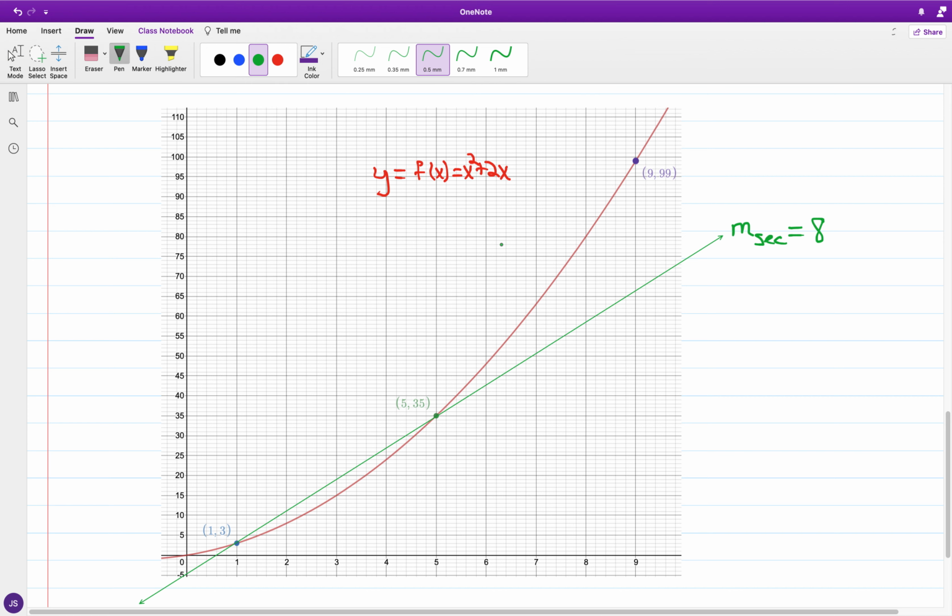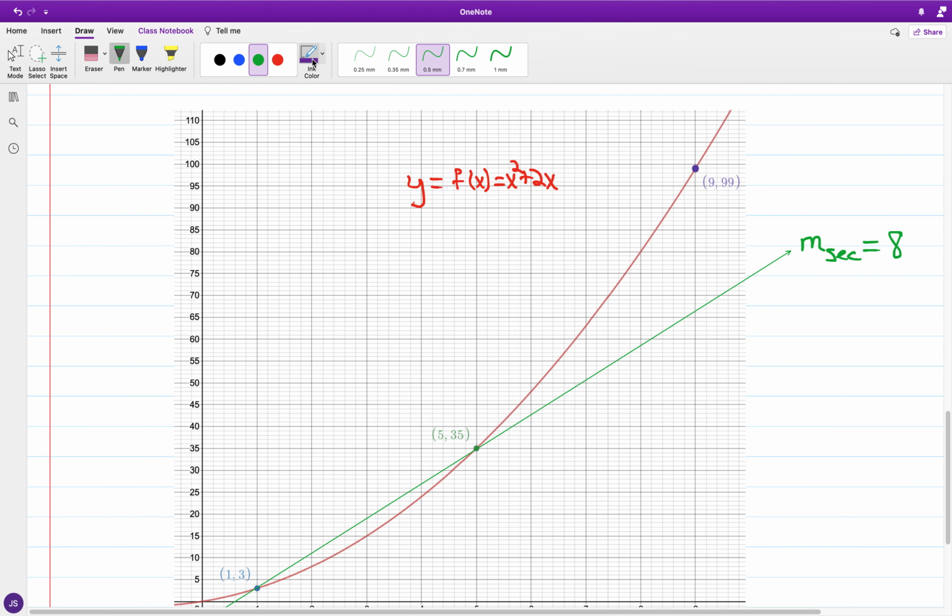And for this function, as x gets larger, going from x equals 5 to x equals 9, notice that the slope becomes steeper.